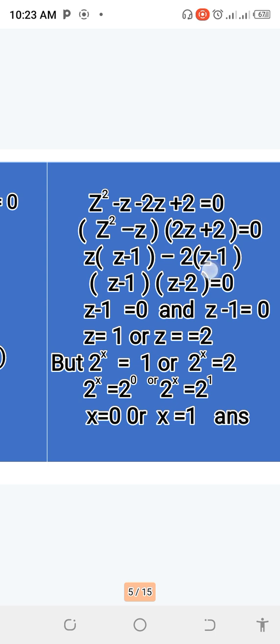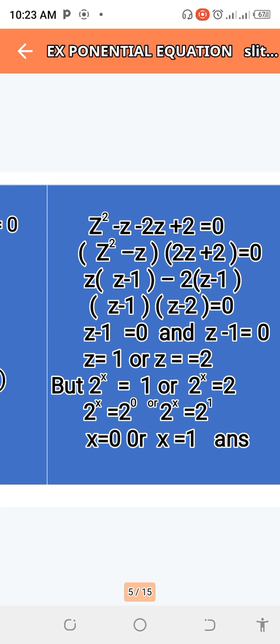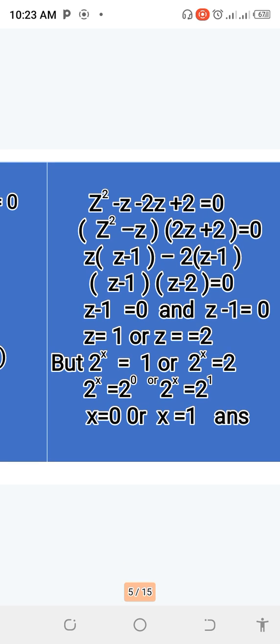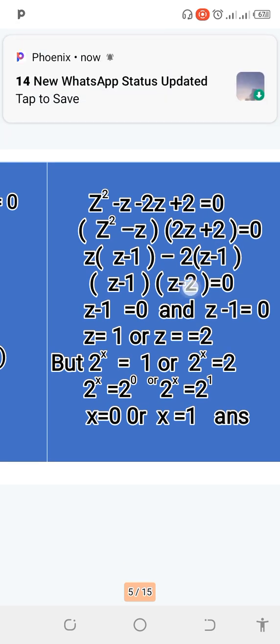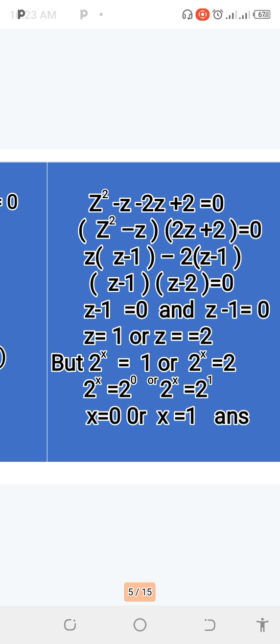It is from here that the error comes. So this place is supposed to be z minus 1 and not z minus 2. So change this particular one to z minus 1 is equal to 0. Okay, this is z minus 1 and this is z minus 1.